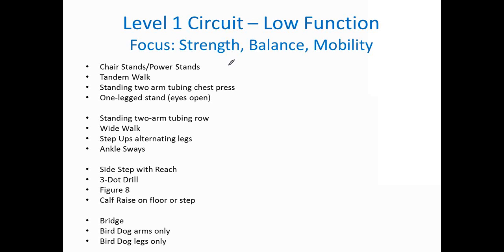So now if we look at our level 2 function, we'll see that this is kind of a middle function group. And so now we're going to mix it up a little bit, and we're going to start to take away some stability, look at some different stance positions, but again, we're going to focus on mixing it up between some higher intensity movements and some lower intensity movements.